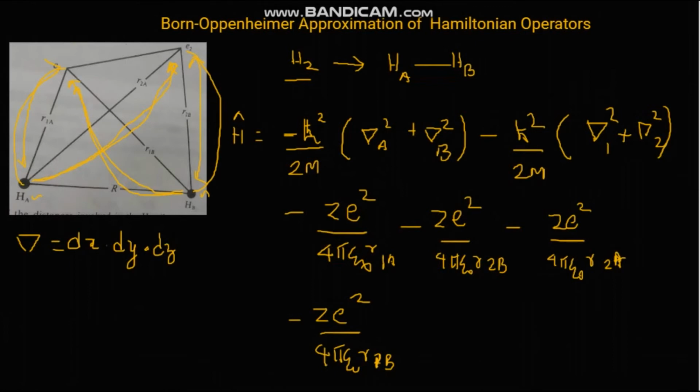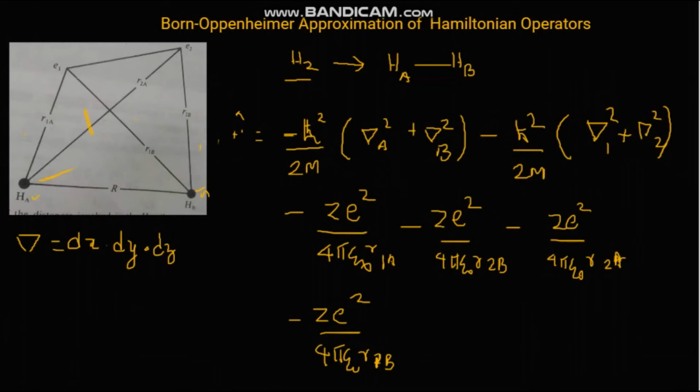But in addition there is a possibility of repulsion. What are the two types of repulsion? Repulsion between electron and electron, isn't it? The repulsion between the two electrons as well as between the two nuclei has also to be added.